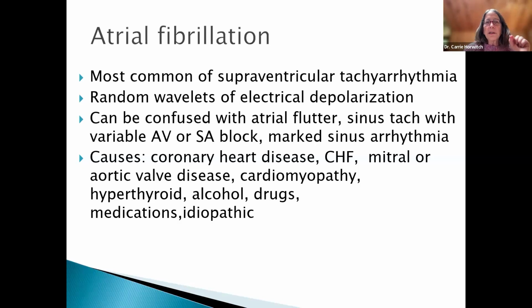So that's why you really need to look at whether there is sinus or not. And there are a lot of different causes for atrial fibrillation. It could be underlying coronary heart disease, congestive heart failure, valvular abnormalities, thyroid conditions, alcohol, drugs, medications. Sometimes we cause it by things that we give people. So it does need to be evaluated, and it does obviously need to be treated, trying to find the underlying cause for it. Next slide.